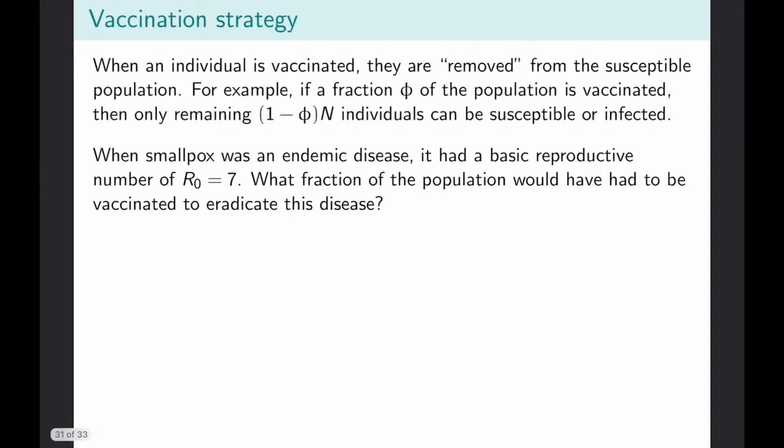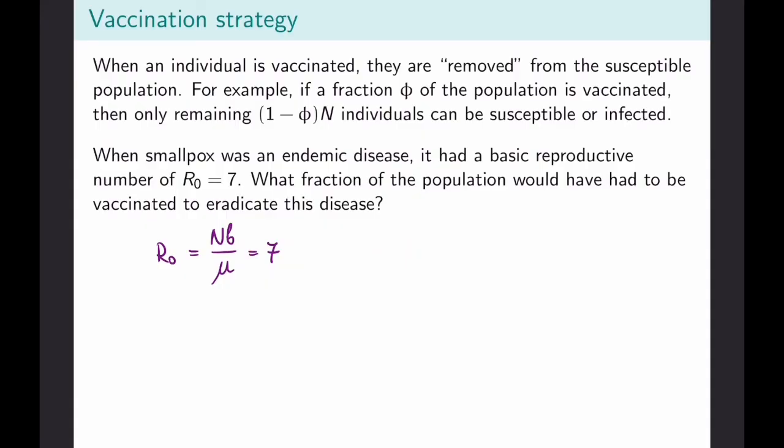So what we have is R0 is NB over mu. And we know that for smallpox, it is 7. So we would like to get this number below 1 in order to turn an endemic disease into a non-epidemic situation.